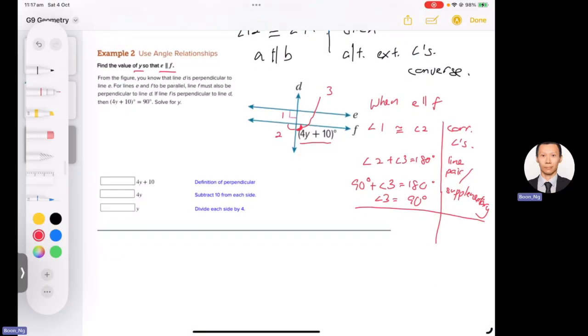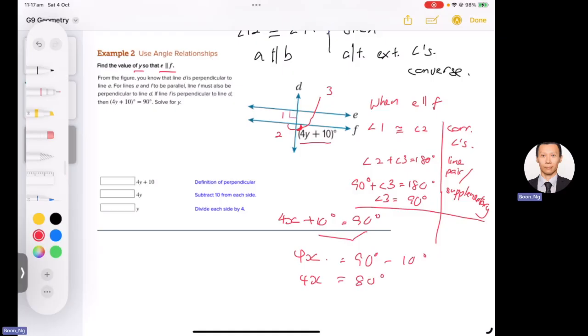So what we can do is 4x plus 10 degrees equals 90. We combine these, we get 90 minus 10, and the left-hand side we just copy down. So 4x equals 80.